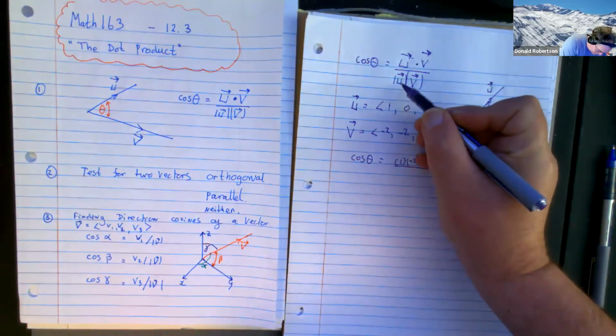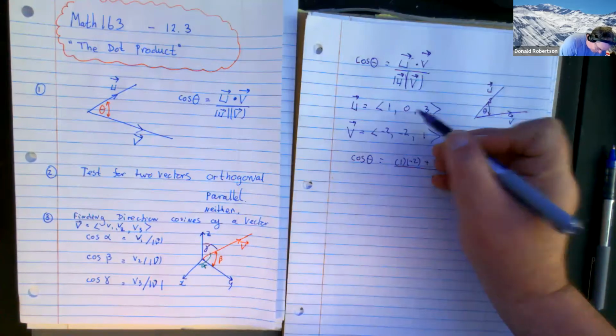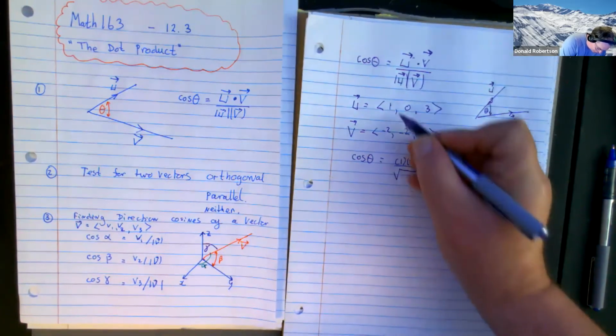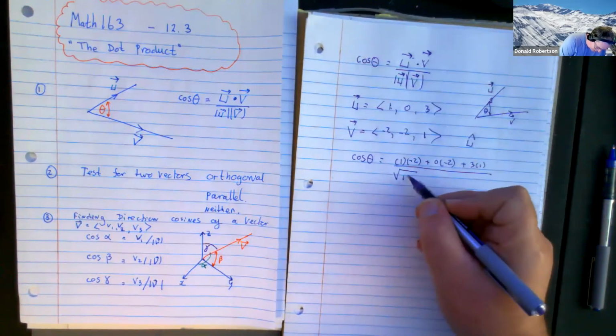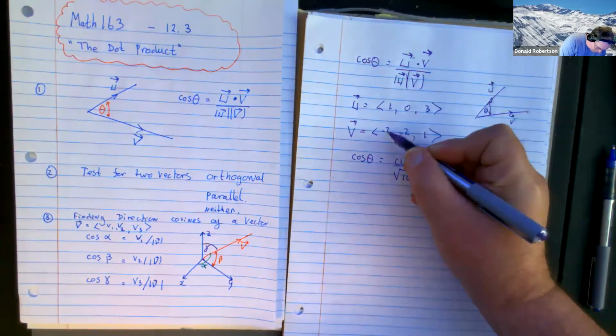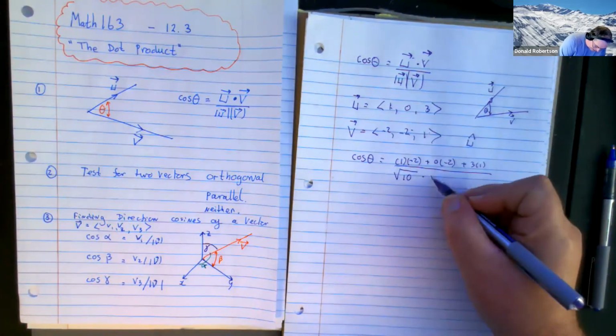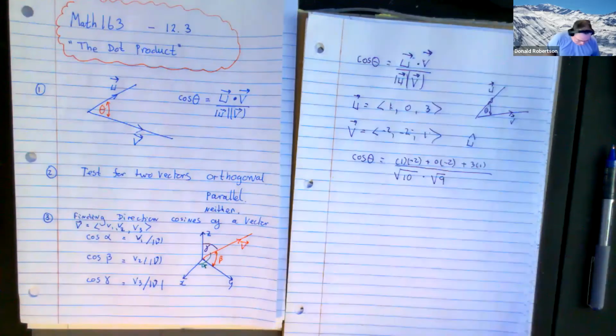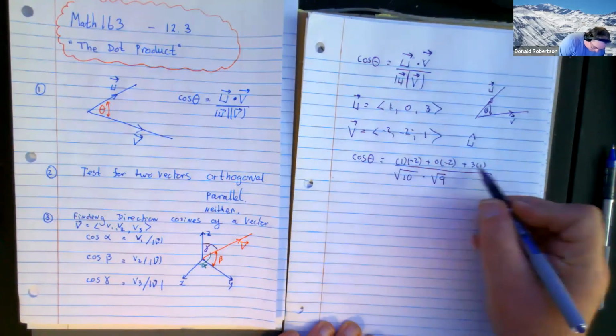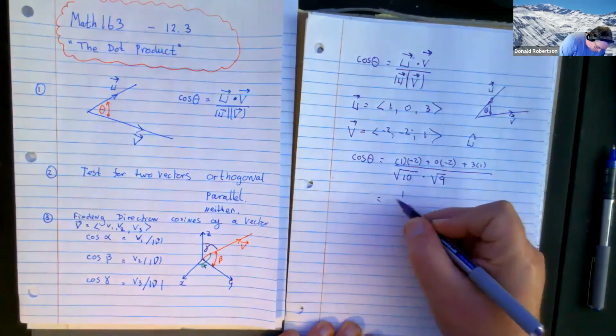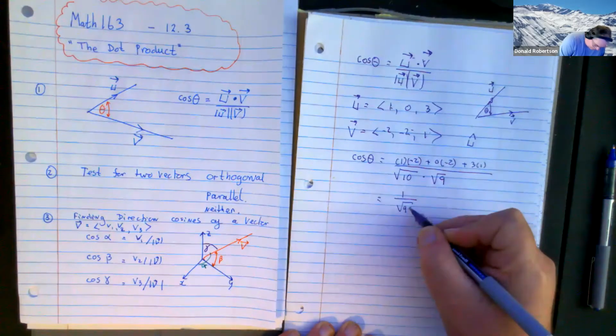And the magnitude of u is the square root of 1 plus 9, so it's the square root of 10. And for v, that's 4, 4 and 1, which is the square root of 9. I know that's 3, but I'm just going to leave it as 9. And that's -2, nothing, and 3. So we end up with 1 over the square root of 90.